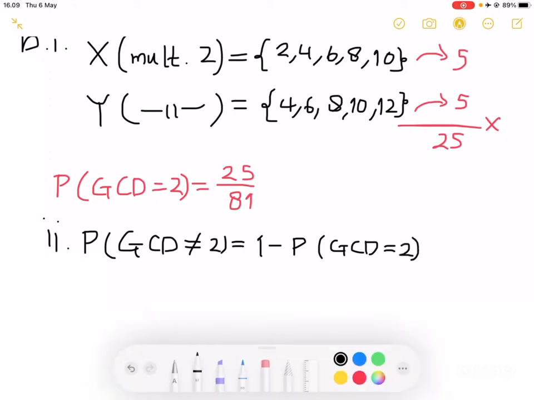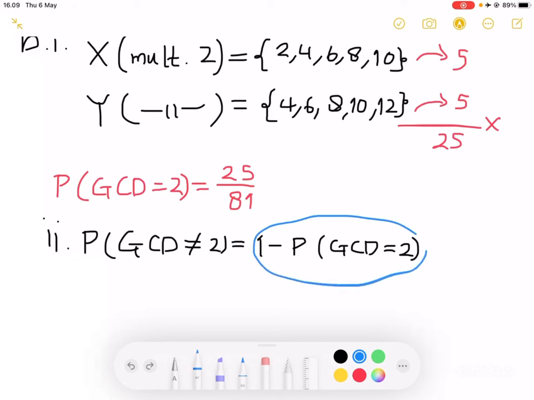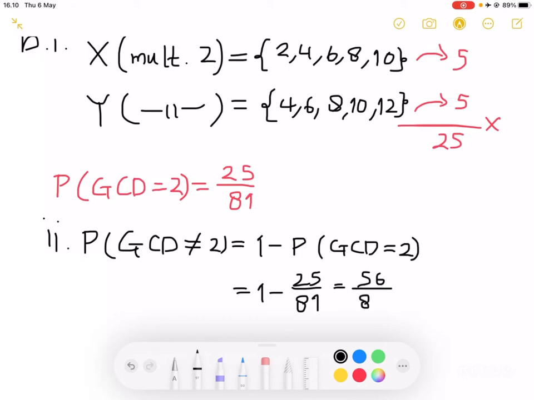And this is actually a pretty common probability rule. The probability of an event happening is exactly 1 minus the probability that that same event cannot happen. So this will be equal to 1 minus 25 over 81, which then will be equal to 81 minus 25, which will be 56 over 81.